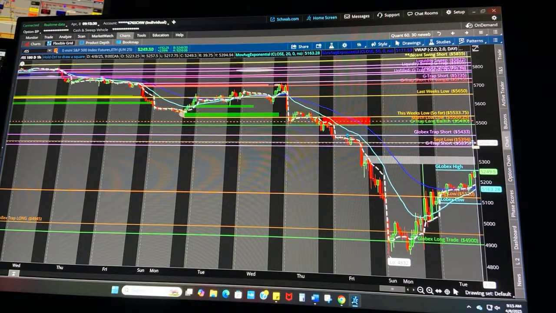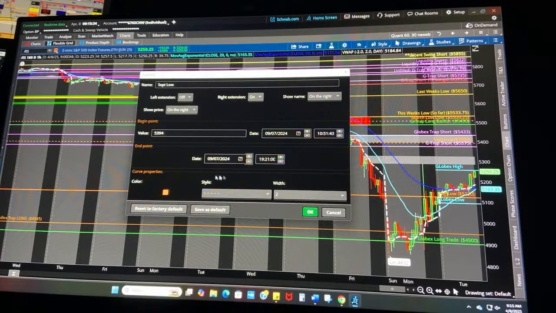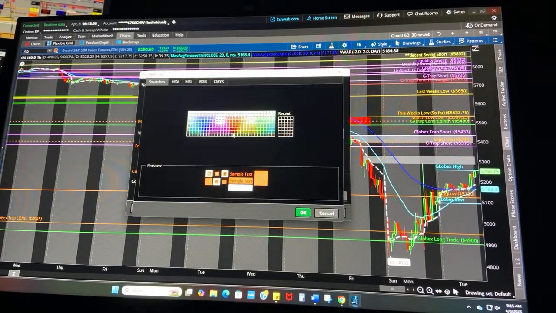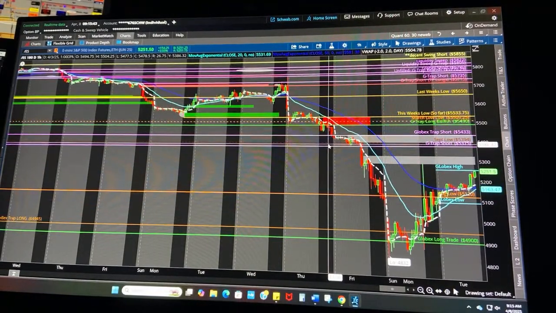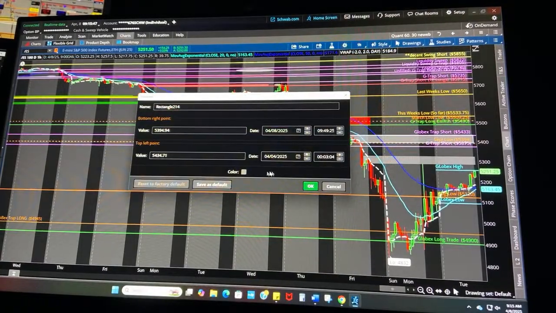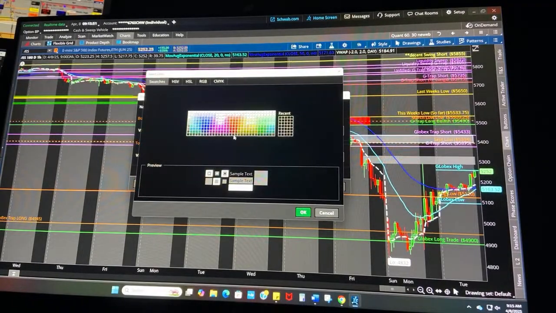So up into the 5394, up into the 5433 handle, S&P futures. I'll repeat that: 5394, 5433.